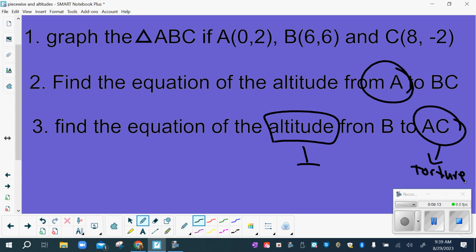Those are the 2 points that I need to get the slope from. So I'm going to go 0,8. Write that right now. No, it's negative 2. And C is negative. Well, actually, we're not going to change.